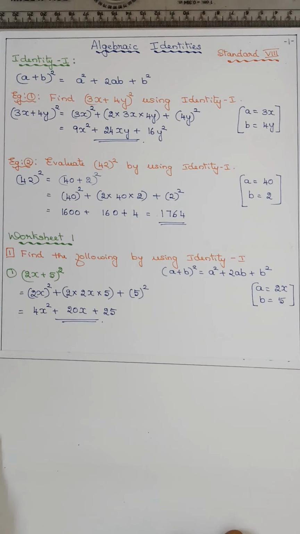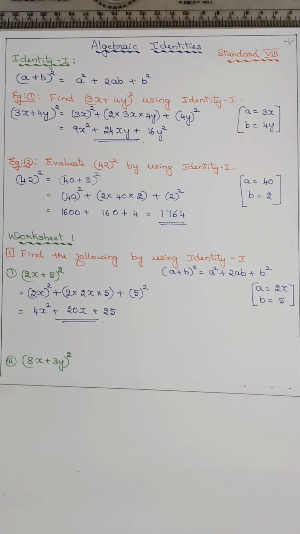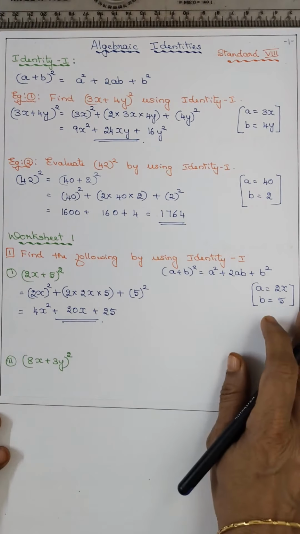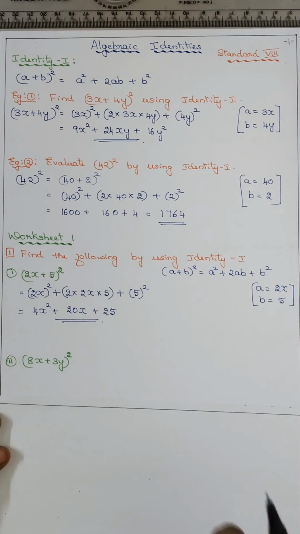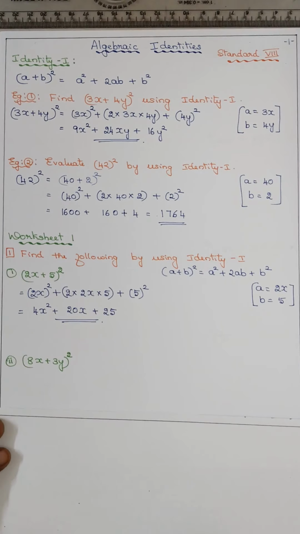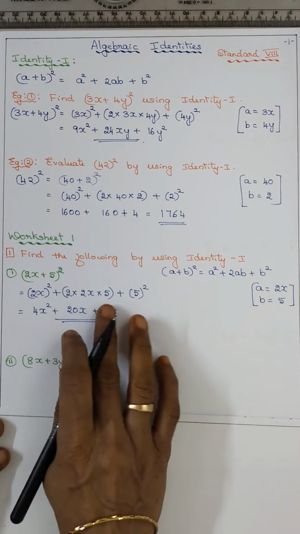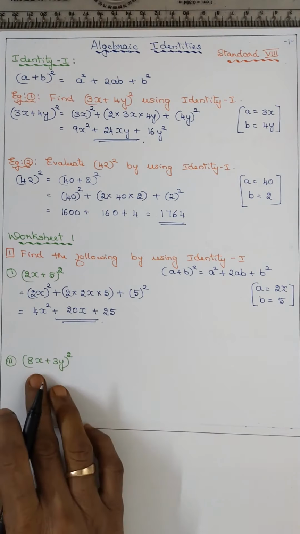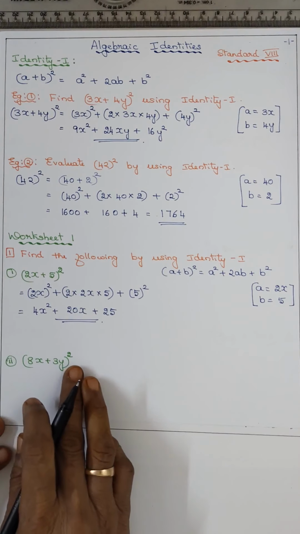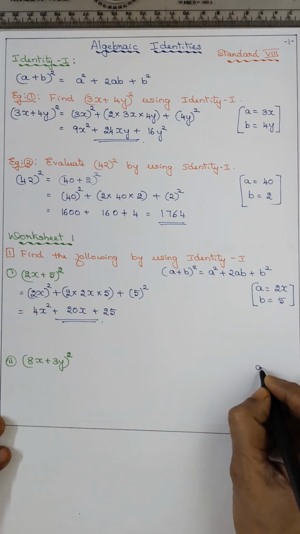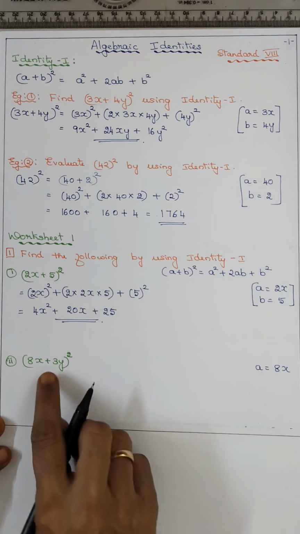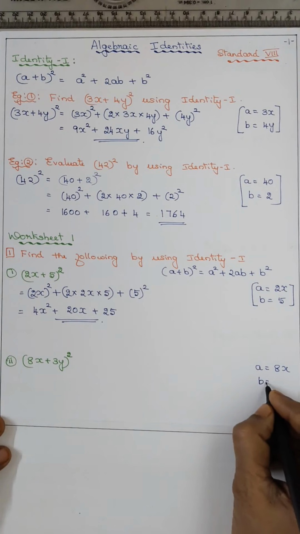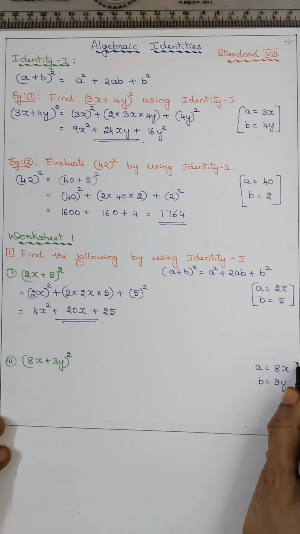(a plus b) the whole squared is equal to a squared plus 2ab plus b squared. So first write a is equal to how much, b is equal to how much, and put the values and find the square, and in the center, that is, you have to multiply. Now (8x plus 3y) the whole square. So first you write a is equal to, first term is 8x, b is equal to second term 3y.